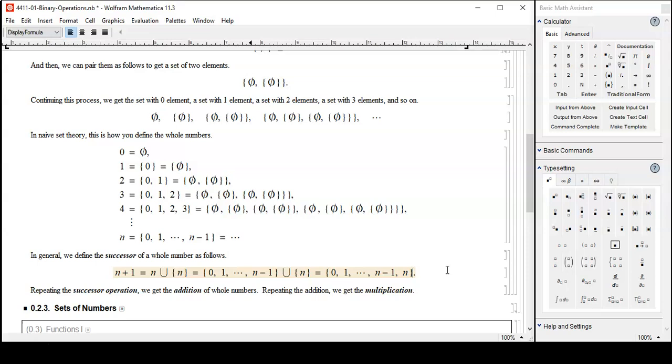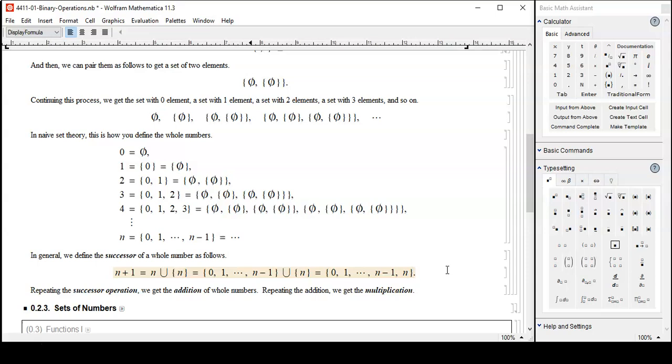Now, if you invert it, you get subtraction. If you repeat the addition, then you get multiplication. If you invert that, you get division. Now, if you consider repeated multiplication of the same thing so that you get square, cube, fourth power, fifth power, and so on and so forth, and then you invert those and you get radicals, you see, square root, cube root, fourth root, and so on.